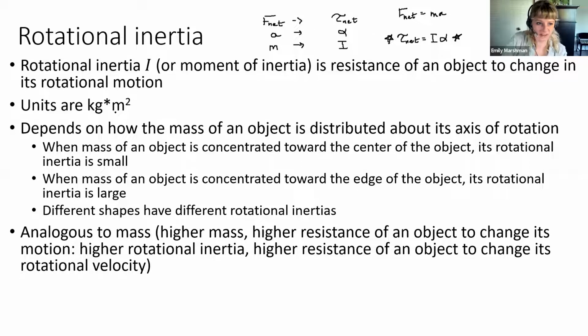So that's why there's a meter squared here. Differently shaped objects are going to have different rotational inertias. And even the same object can have different rotational inertias depending upon where the axis of rotation is put.